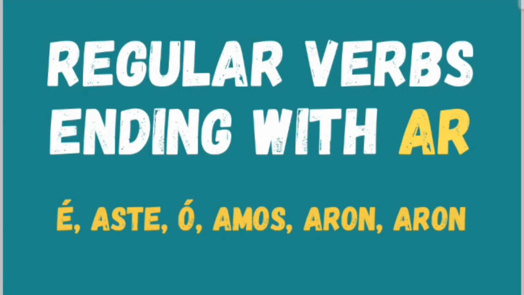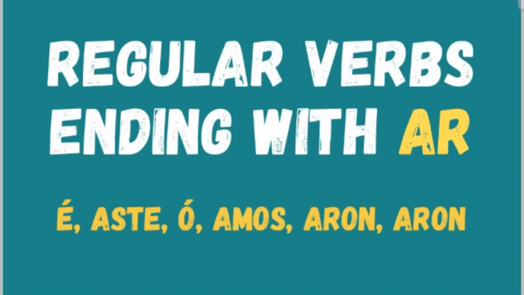Now, third persons: with third persons I mean he, which means él, she, which means ella, it, which means eso or esa, when we're talking about things. If we have these third persons, the ending of our verb would be letter O with an accent.